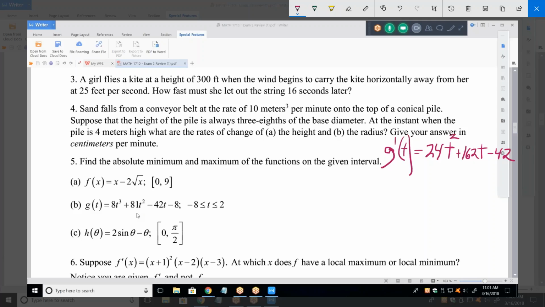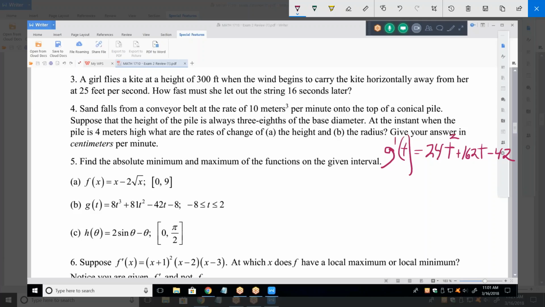Let me think of what's going to be the best way to factor that thing. Would just be move the 42 over and then... No. Okay. Remember, you're looking at a quadratic. If you're looking at a quadratic that's got a squared term, a non-squared term, and a constant, there is only one way to solve it, and that's by leaving everything on one side and putting 0 on the other.